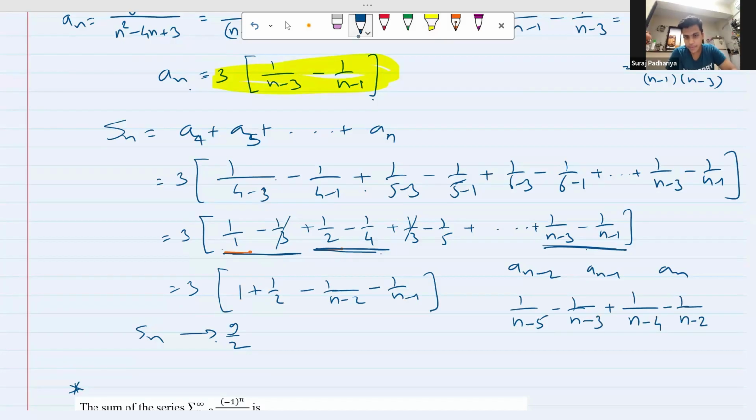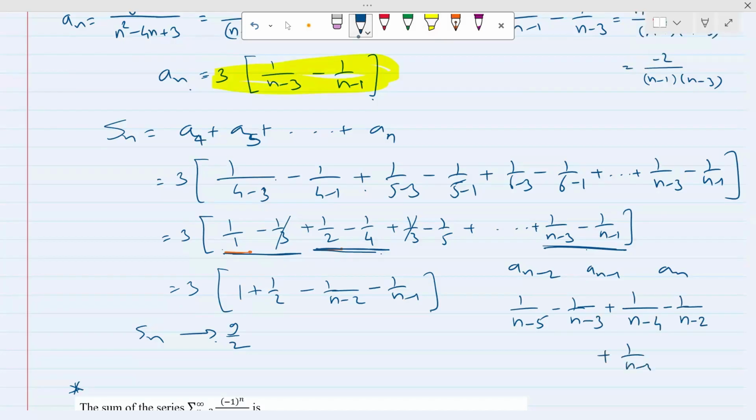And an will be 1 upon n minus 3 minus 1 upon n minus 1. So observe what are getting cancelled. N minus 3 gets cancelled. N minus 4 will get cancelled, previous to that. So write an minus 3, that will get cancelled. So from the last two terms, the only surviving terms are minus 1 by n minus 2 and minus 1 by n minus 1.